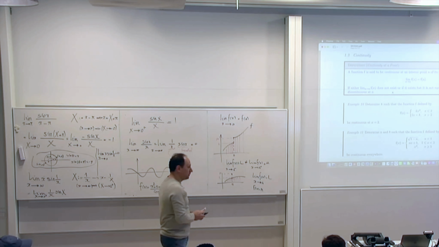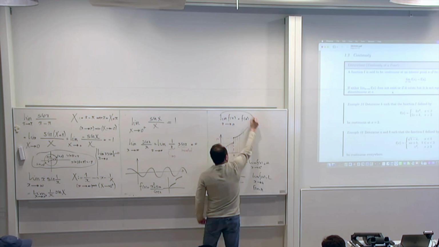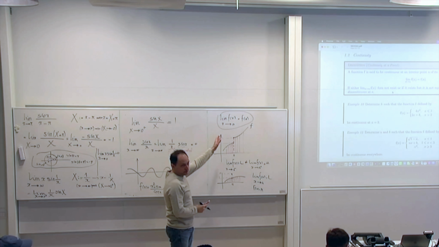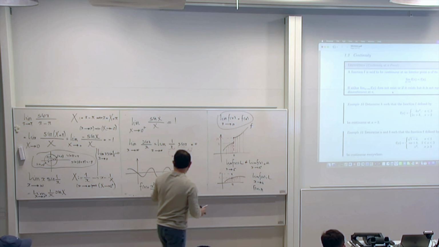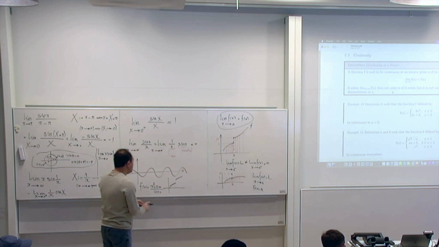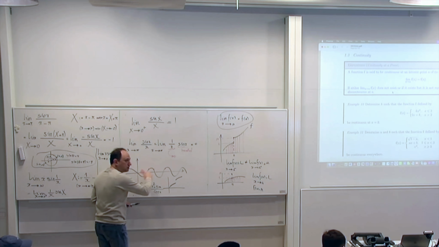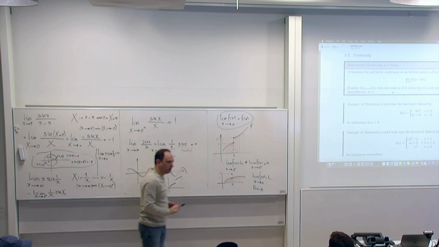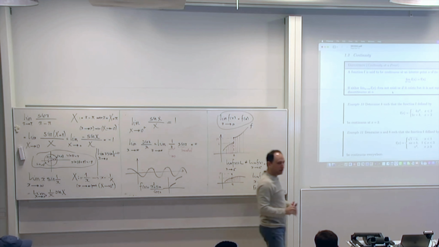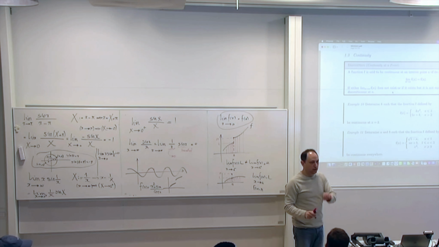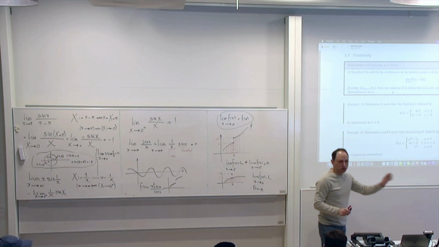So anyway, this is the definition of continuity of a function at one single point a. But if I say that a function is continuous, it means that no matter which point you choose, the function is continuous at every single point. So when I say that I have a continuous function, I mean it is continuous at every point in its domain.